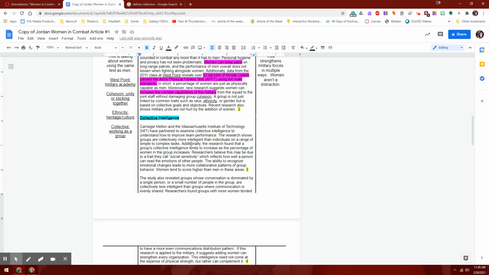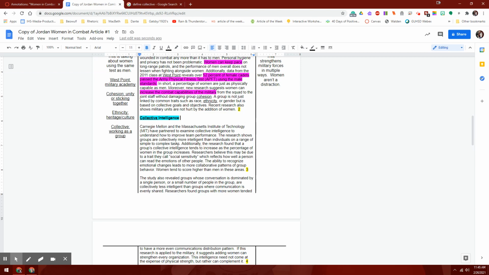Additionally, the research found that a group's collective intelligence tends to increase as the percentage of women in the group increases. Researchers believe that this may be due to a trait they call social sensitivity, which reflects how well a person can read the emotions of other people. The ability to recognize emotional changes leads to more collaborative patterns of group behavior. Women tend to score higher than men on these areas.